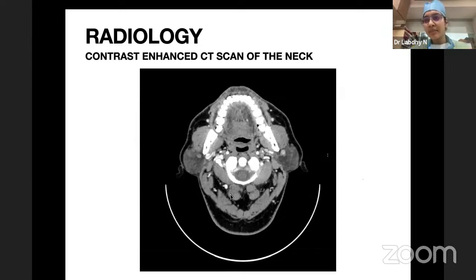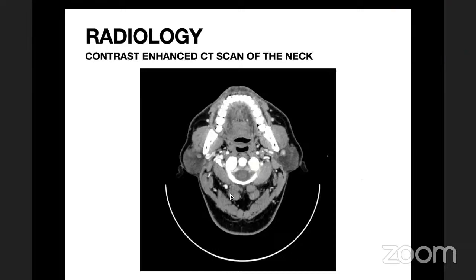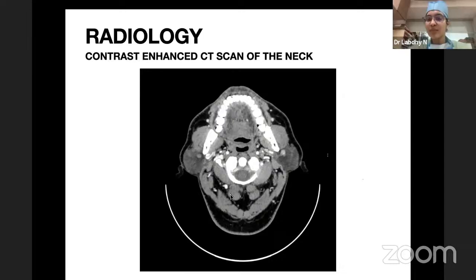There's an NBI grading given by Ni et al., which looks at intraepithelial papillary capillary loops, IPCL. Yes, sir. Okay, correct. Go ahead.